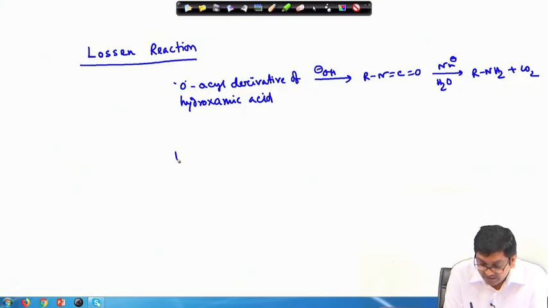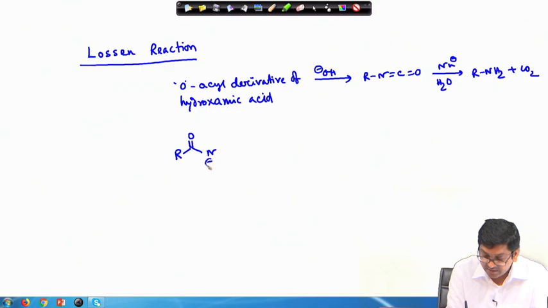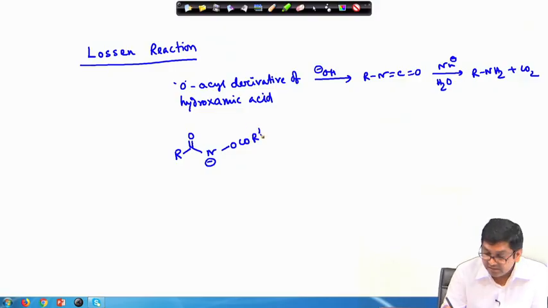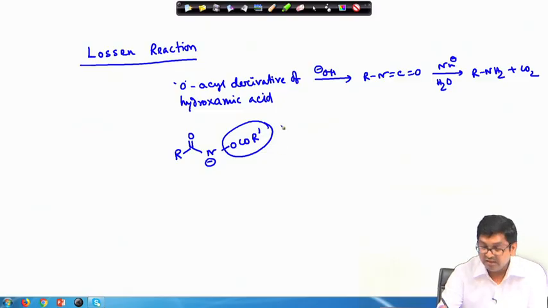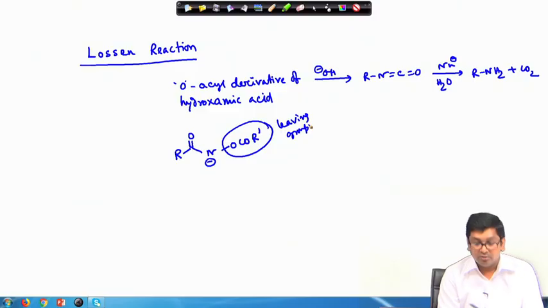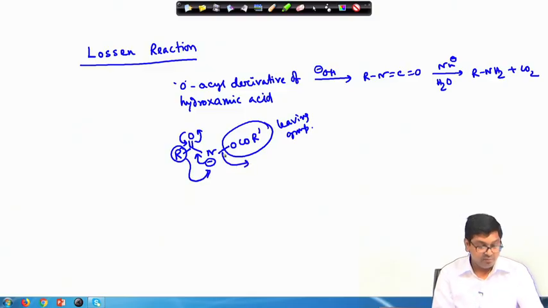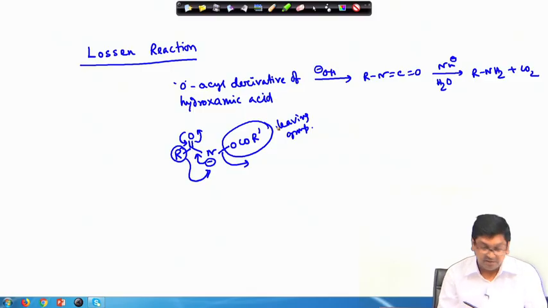Okay. Only thing is, the difference from the Hofmann is that here this O-acyl derivative of the hydroxamic acid is the starting material, and in this case the leaving group is this one. Okay. So, in this case also these 1-2 migrations can happen to give the leaving group as the O-acyl derivative.